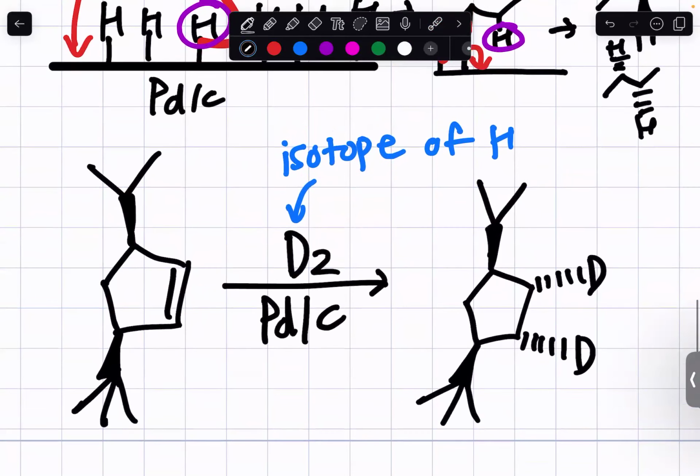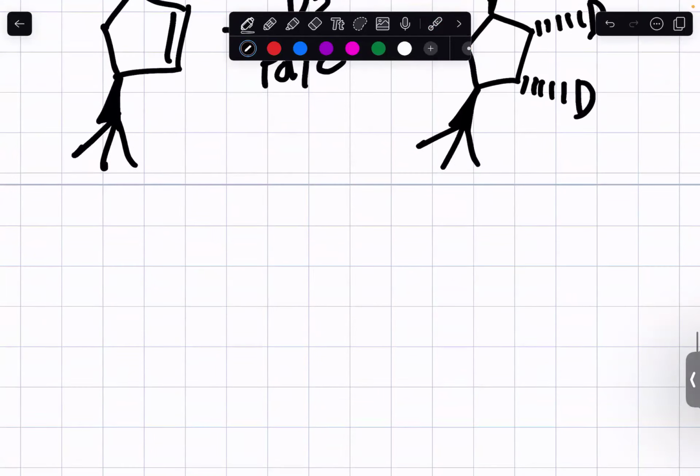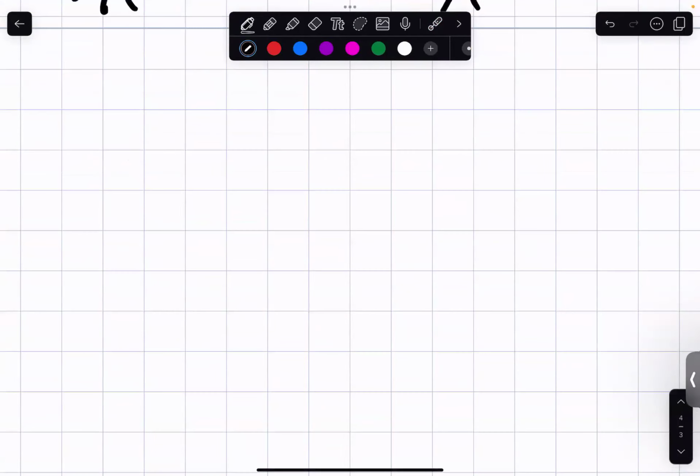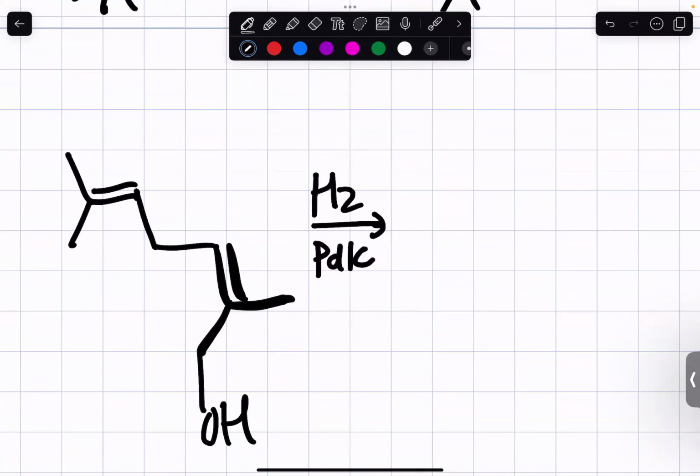Now that is the stereoselectivity of that, and also let's say we have something like this. If you have multiple alkenes, the hydrogens will add onto all of the alkenes.